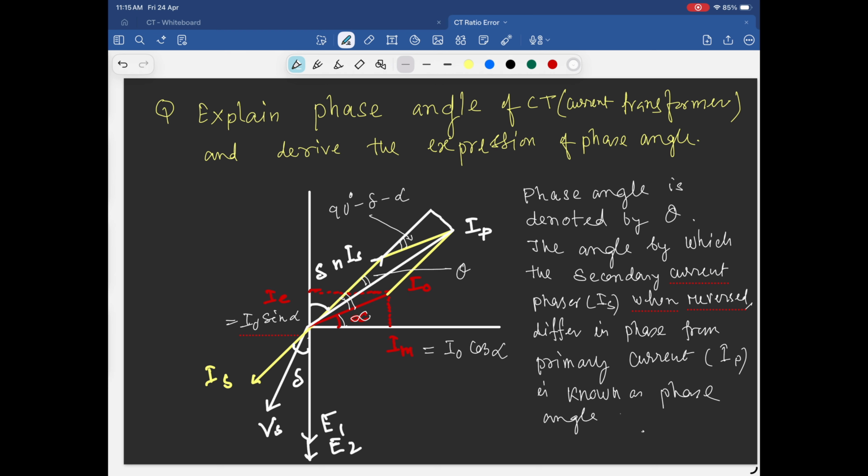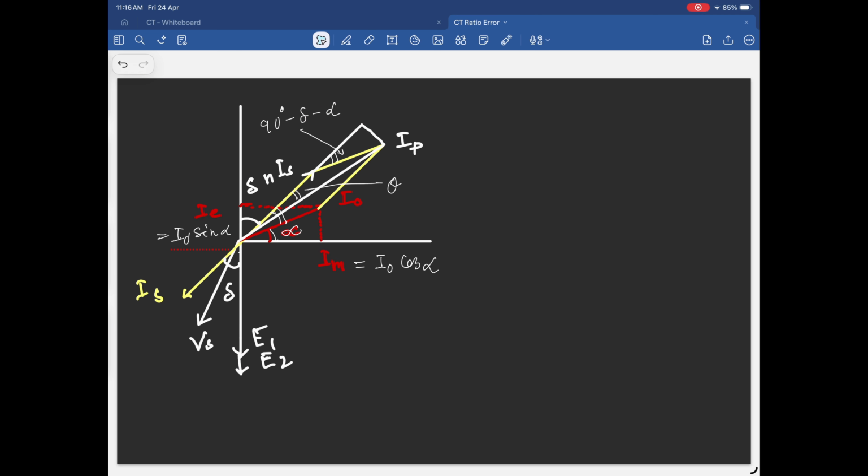That is, the angle between the secondary current when reversed to the primary side and the primary current is the phase angle theta.